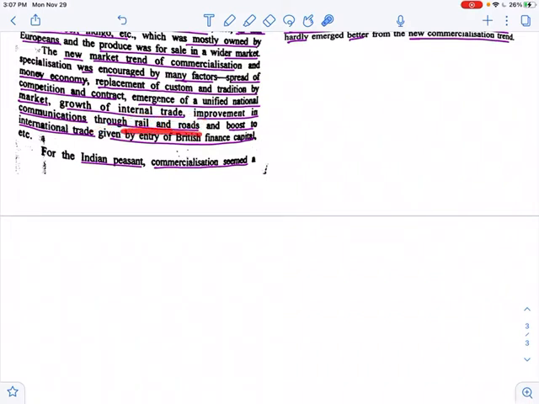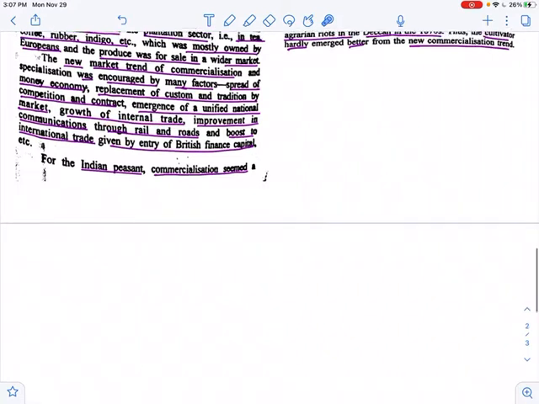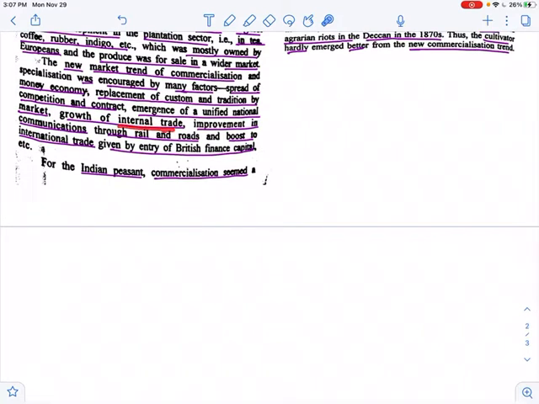They connected a lot of places, and this made internal trade happen in a very easy manner. And when internal trade increased, the Britishers started to commercialize our Indian agriculture, and then the commercialization started.